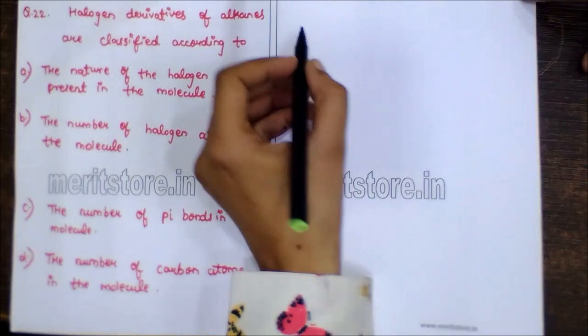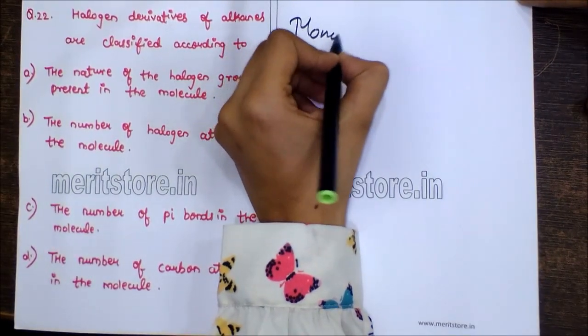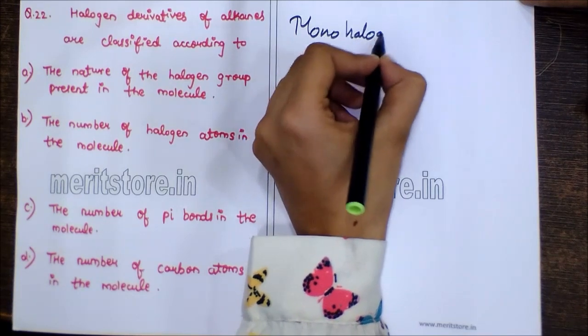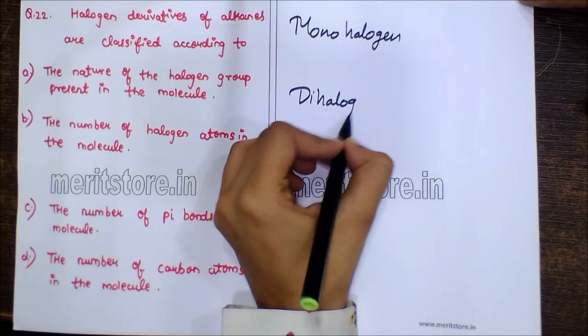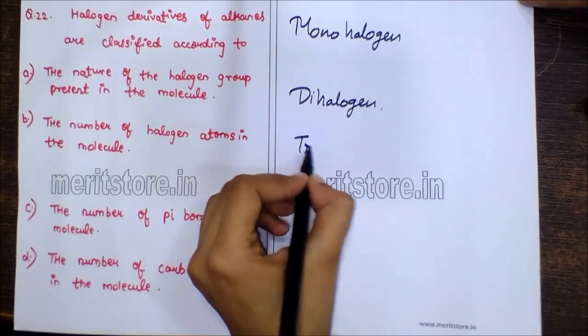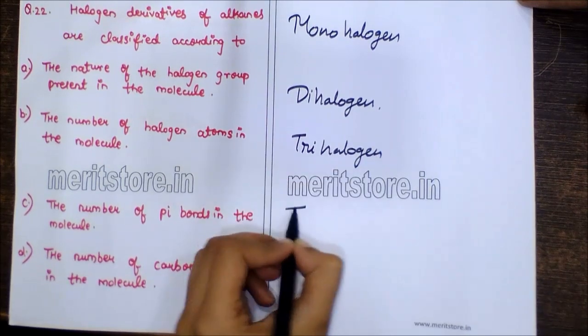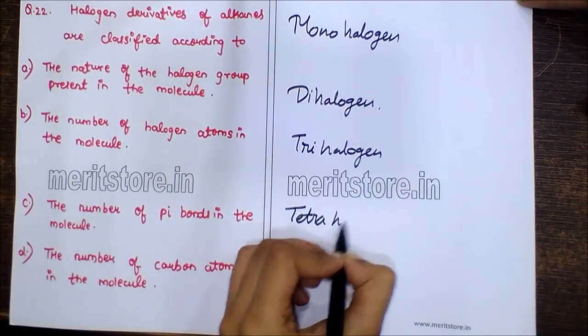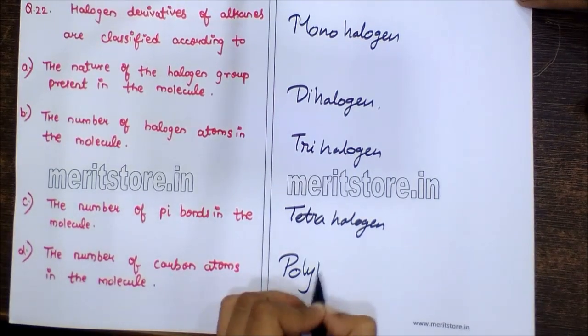So over here, when I have to classify halogen derivatives, I will classify as monohalogen derivatives, dihalogen derivatives, trihalogen derivatives, tetrahalogen derivatives, or polyhalogen derivatives.